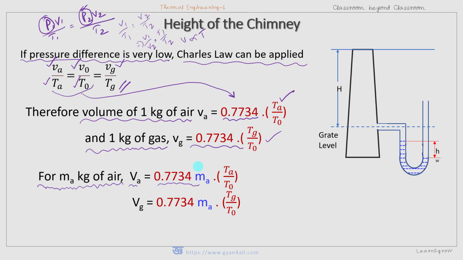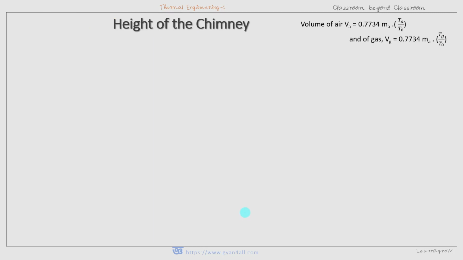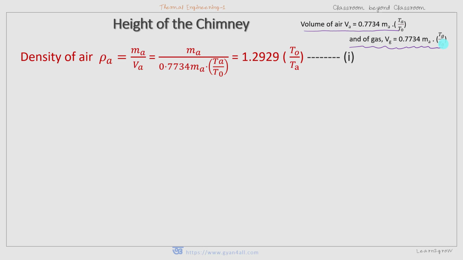We have to multiply it by Ma, and if the mass remains the same and temperature increases, then the volume is this much. So far we have got the volume of atmospheric air and the volume of gas from Charles's law. Now we have to calculate the density of air.